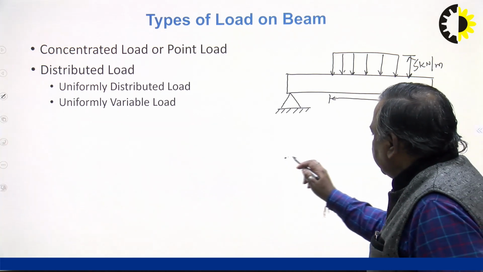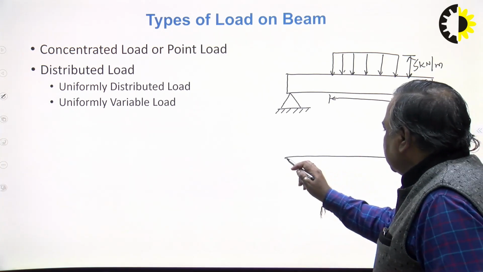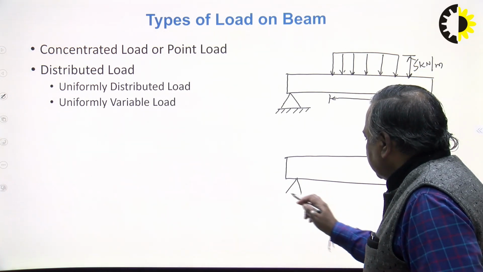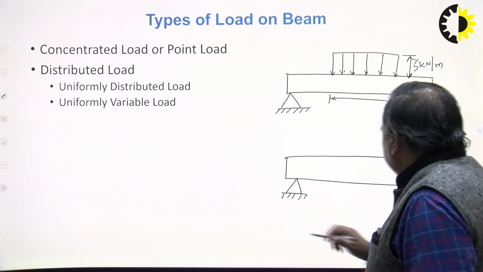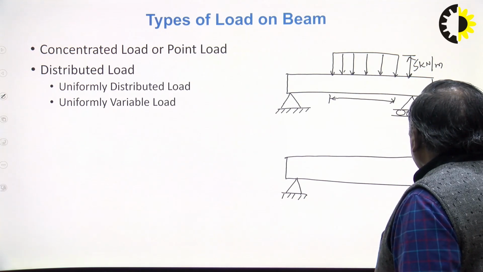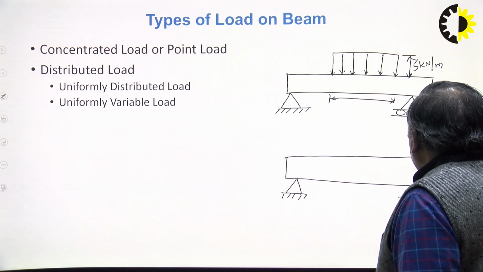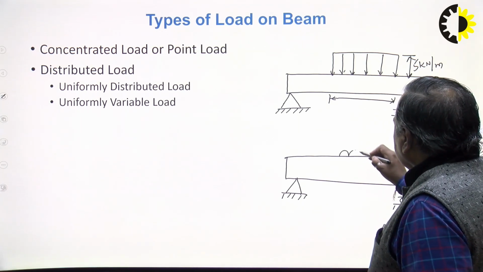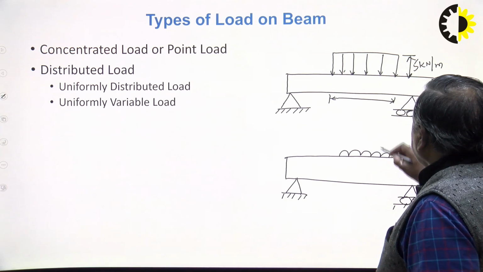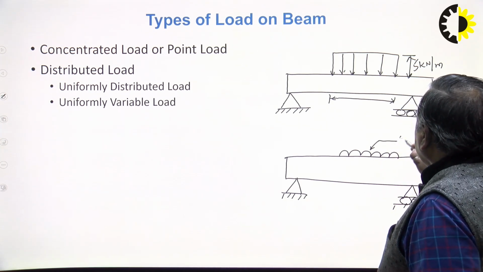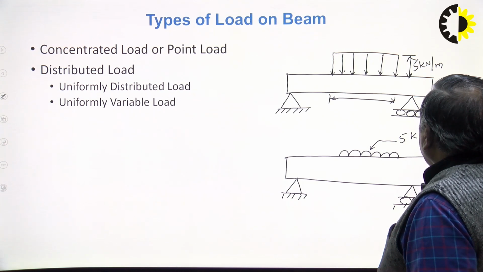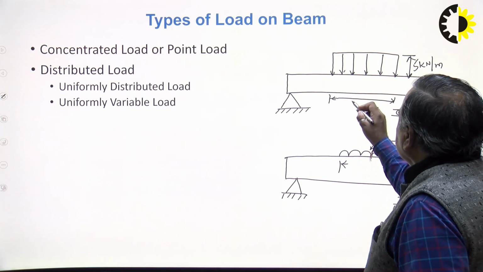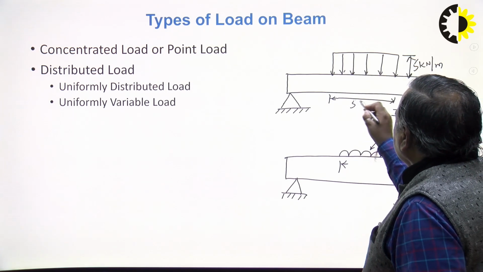Another way to represent this uniformly distributed load can be like this, and mention here it is 5 kilonewton per meter for what distance? Suppose 5 meter.